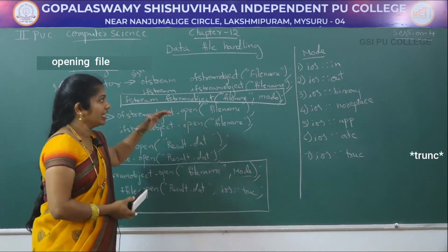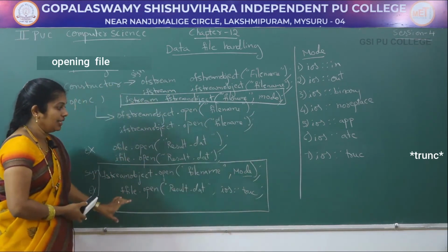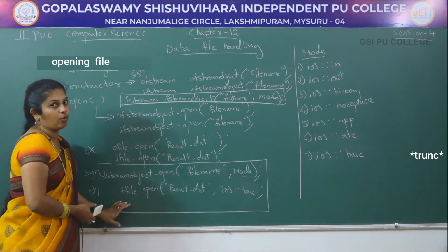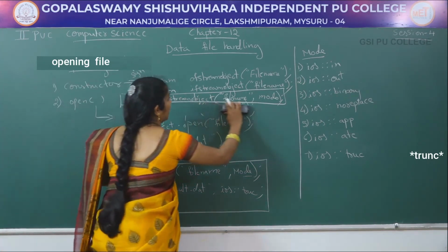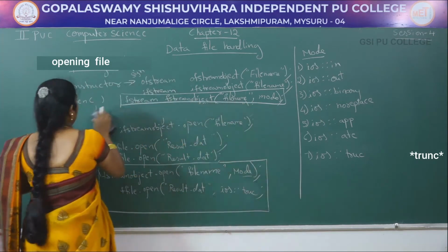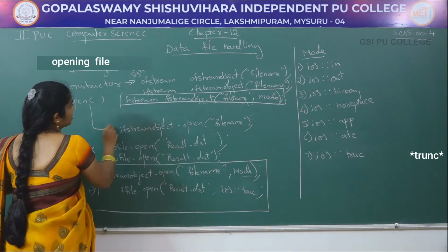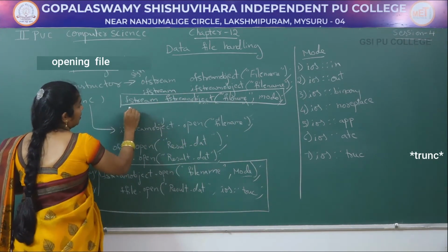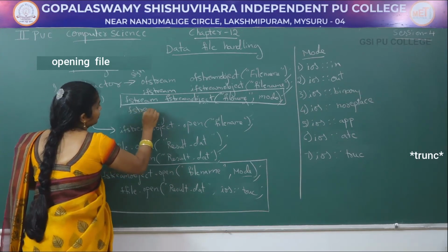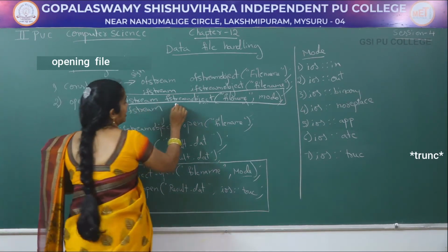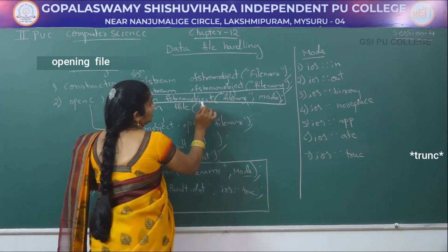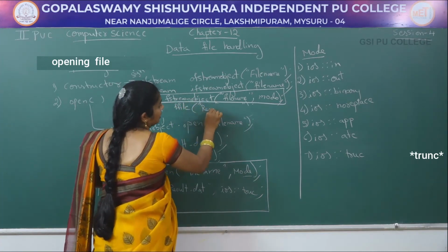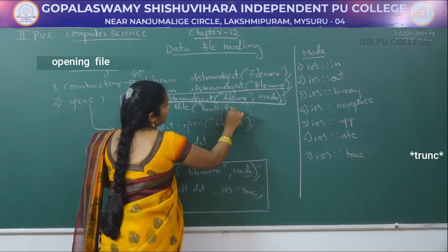If I want, I can explain with the help of the constructor function as well as by using the open function method also. Here also, how to write the example with the mode? In the same pattern, first fstream, then the fstream object. For example, ffile is the fstream object. Inside the double quotes, you have to write the file name, for example result.txt format.